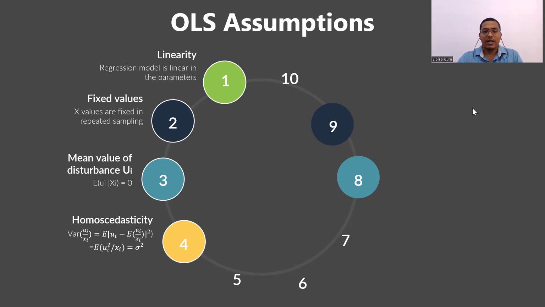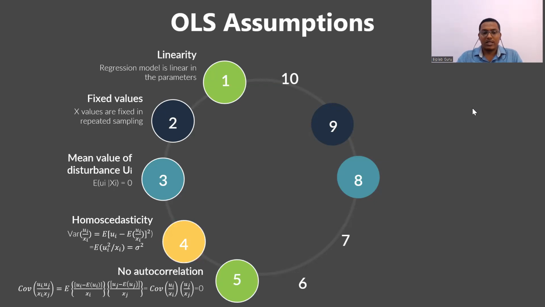So at each given xi, the conditional variance of actual y values from its estimated mean value should be the same. This is an important assumption, homoscedasticity, and if it is violated, many properties of the regression model are affected.